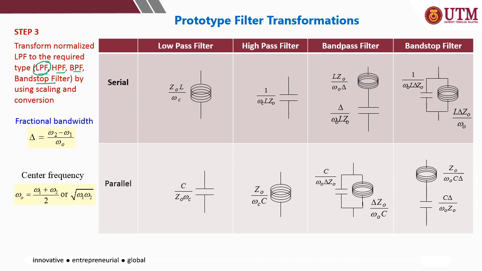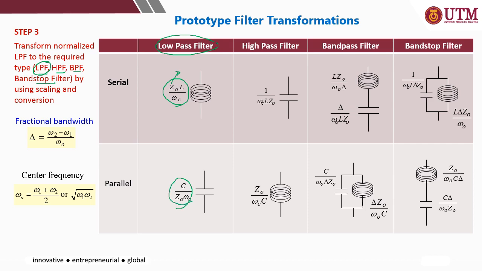Okay, so if the final design must be low pass, then the serial inductor must be recalculated by using this equation. Z0 is the characteristic impedance, L the inductance value, and omega C the cutoff frequency. If the first component is the parallel capacitor, then you need to recalculate by using this equation.